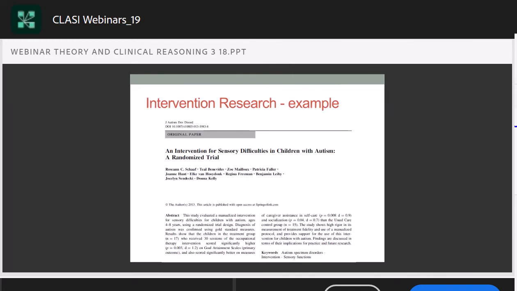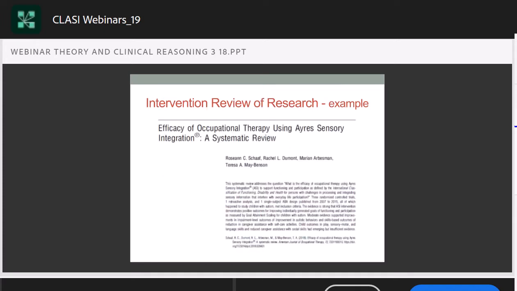Okay, so I have another example of something specific in the area of intervention. Roseanne Schaaf and her team were able to publish a randomized clinical trial, and this is the strongest study that we know of to date using Ayres Sensory Integration intervention. It has a lot of specific information about her particular study.